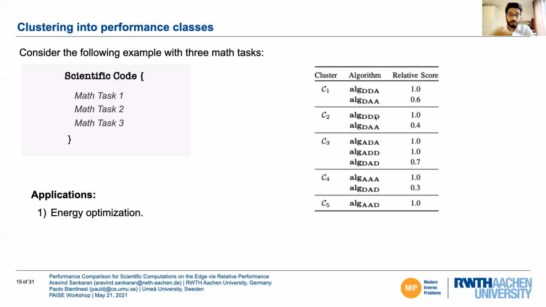But offloading all the 3 tasks to an accelerator, algorithm AAA, pushes it down to the 4th performance class. That is, it's becoming worse. But offloading just the last part of the code, the task 2 and 3, to the accelerator, gets it to the best performance class.